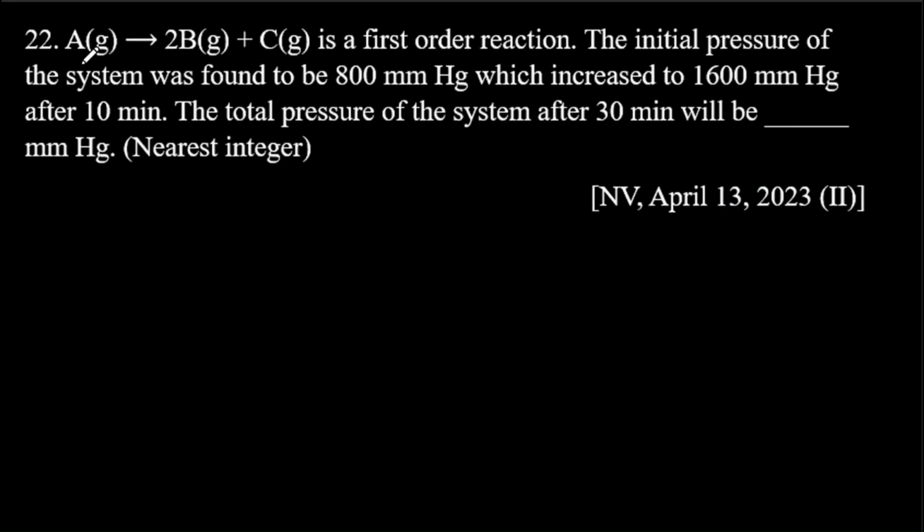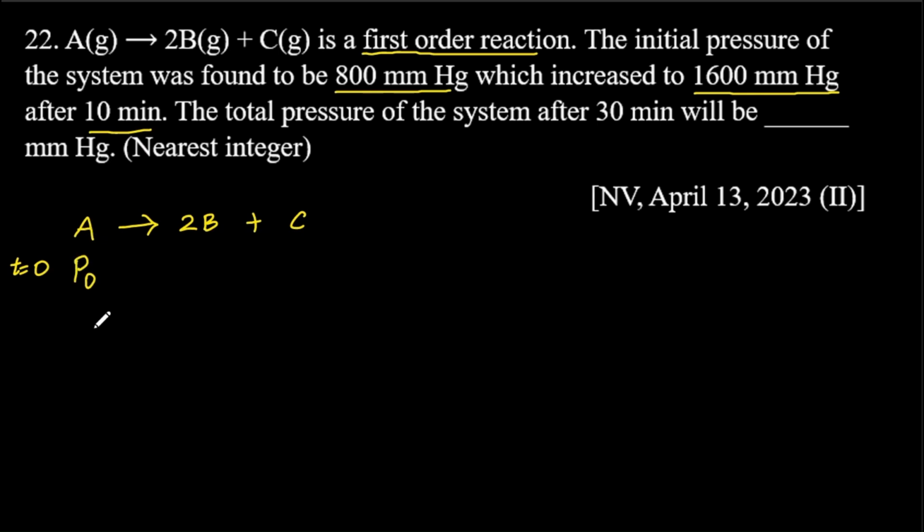The next question is, A gives 2B plus C is a first order reaction. The initial pressure of the system was found to be 800 millimeters of mercury, which increased to 1600 millimeters of mercury after 10 minutes. So the equation given is A gives 2B plus C. So at time t equal to 0, the initial pressure of the reactant is P0.